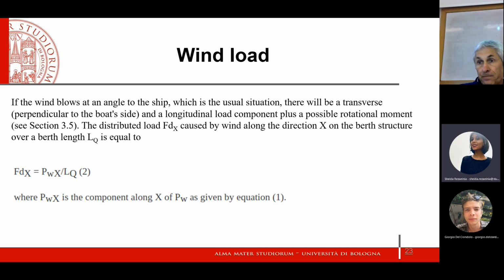Okay, so if the wind blows at an angle to the ship, which is the usual condition, by the way, because usually, as I said, we displace also the harbor in a way that we make sure that the most challenging condition is infrequent. In general, there is an angle between the wind direction and the longitudinal axis of the ship, which means that we have a longitudinal component and a transversal component.